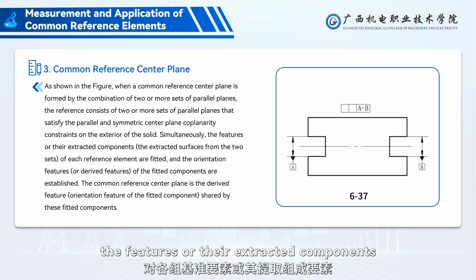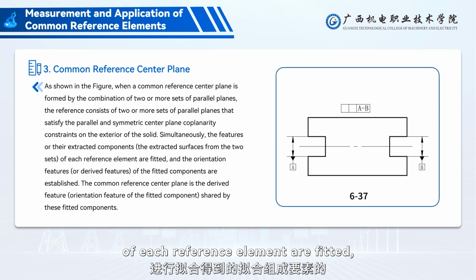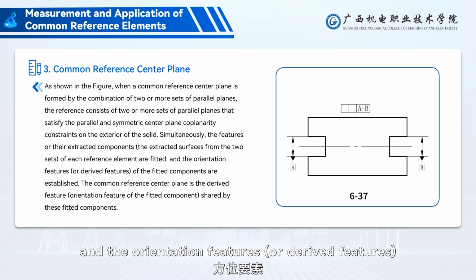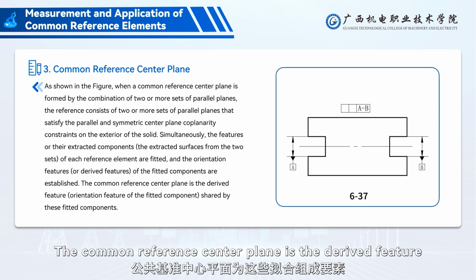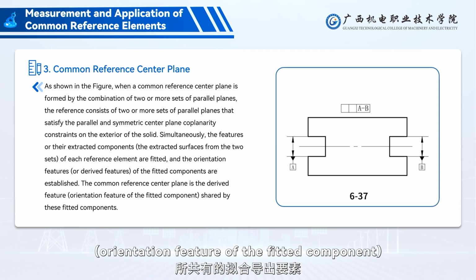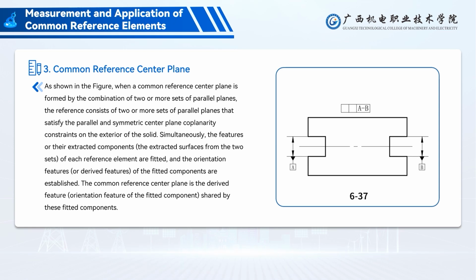Simultaneously, the features with their extracted components, the extracted surfaces from the two sets of each reference element are fitted, and the orientation features, or derived features, of the fitted components are established. The common reference center plane is the derived feature, orientation feature of the fitted component, shared by these fitted components.